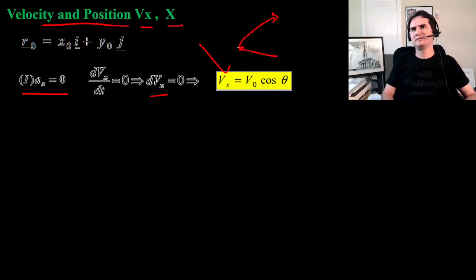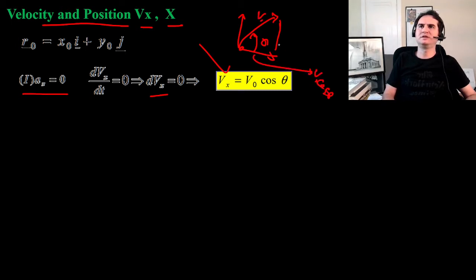So if this is theta, this is v naught, this is v naught cosine of theta in the x direction, and the other one is v naught sine of theta for the y direction. So that's vx, and this is vy.